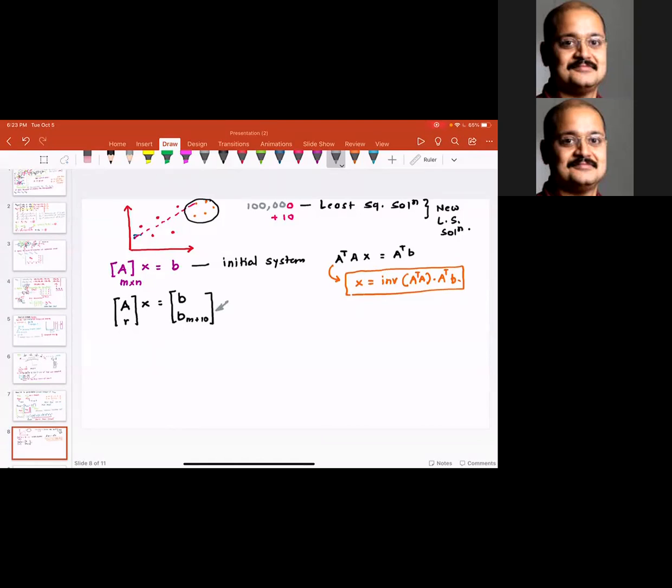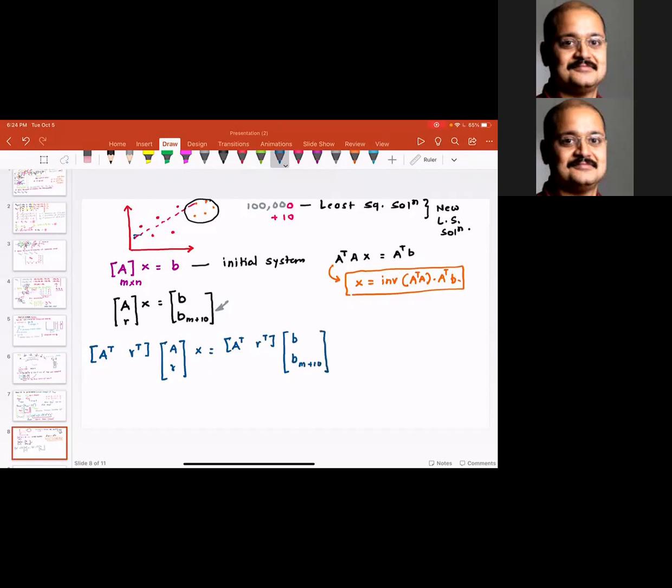Now what? Again, what you want to do is start with the same process. What we did here is I'm going to have A transpose, R transpose. I'm going to have A, I'm going to have R, again X, and then I will multiply this on the right hand side by A transpose, R transpose, and then I'm going to have B and B of M plus 10.